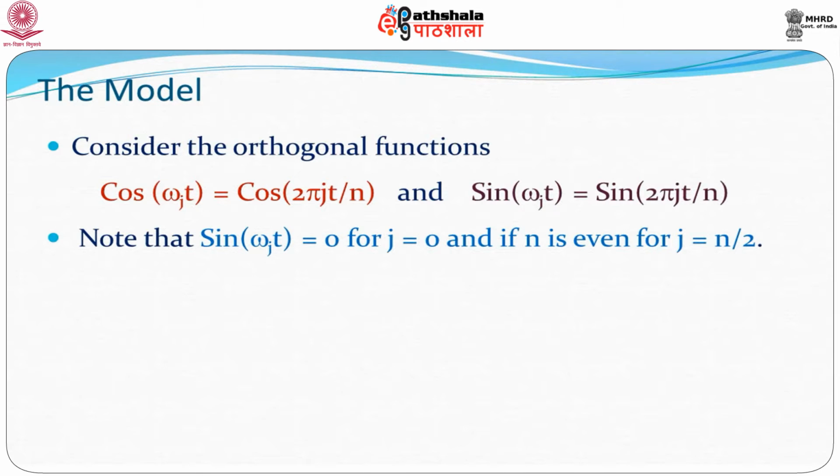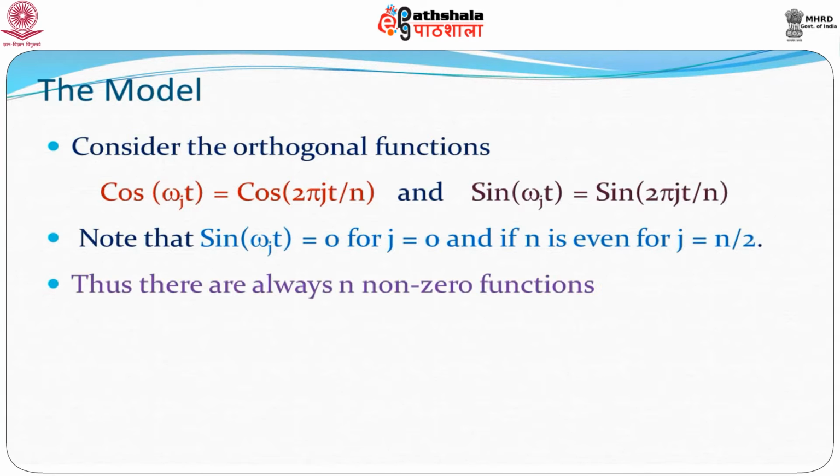Notice something here, that sin omega_j t is equal to 0 when j is equal to 0, because in this case you have sin 0, and if n is even, when j is equal to n by 2, it becomes simply sin pi t and it becomes again 0. So, in this case you have these two sine functions equal to 0.